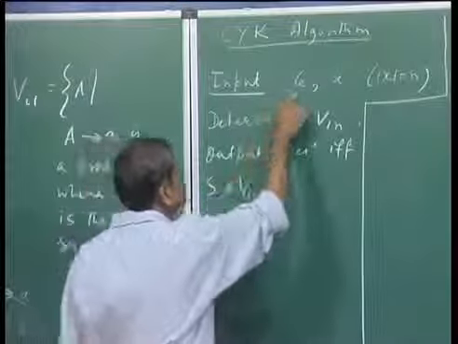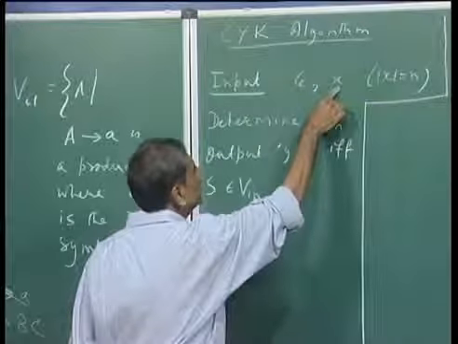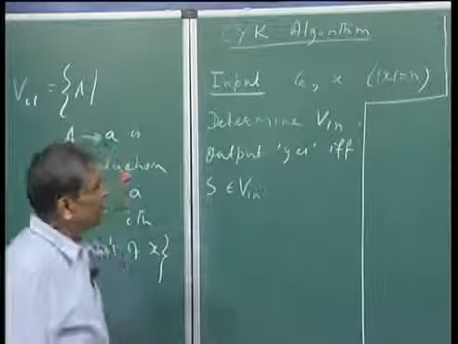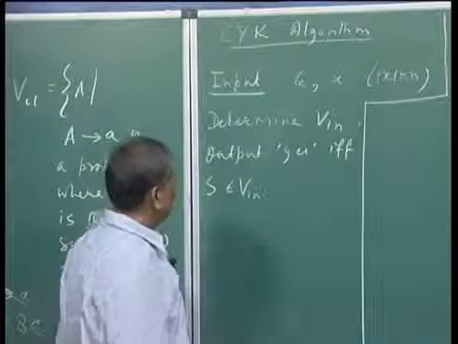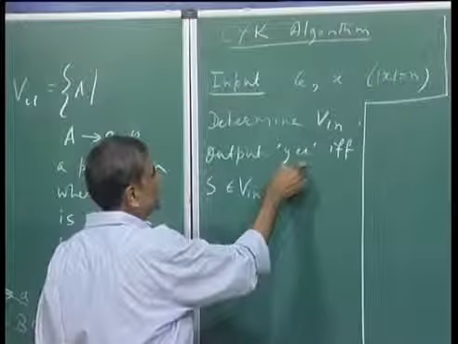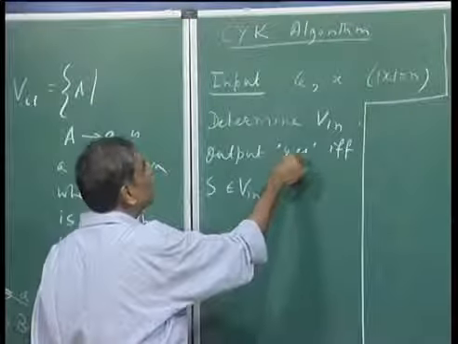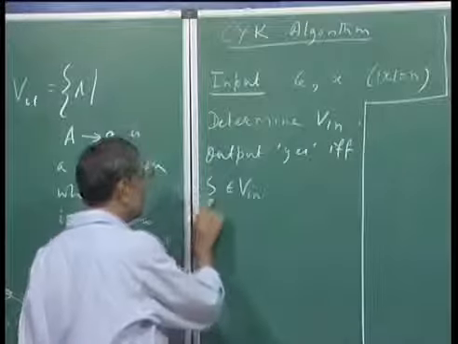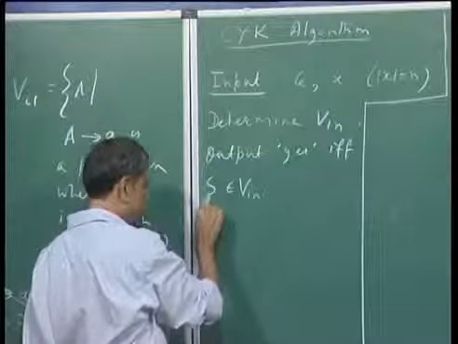Your input is a Chomsky normal form grammar G and a string of terminals, and suppose the length of the string is n. Then determine V1n and output yes, that means x is generated by G. x is in the language L(G) if and only if the start symbol S of G is in V1n.